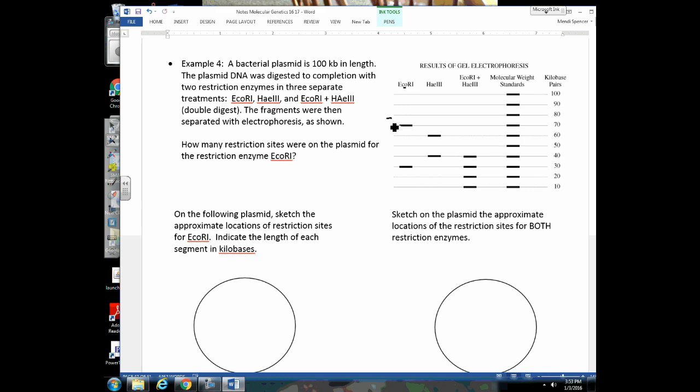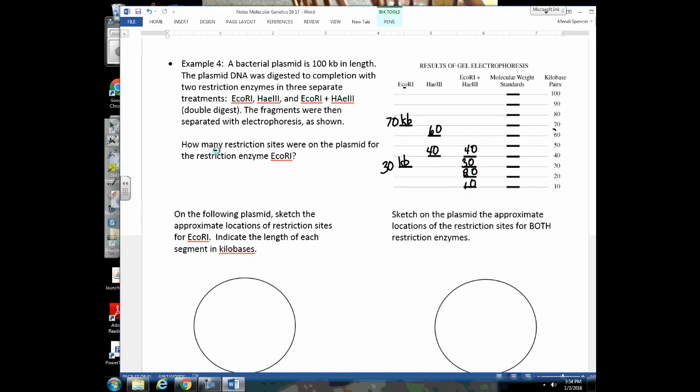This segment is 70 kilobases long, and this one is 30. So you're just using the gel electrophoresis to help you figure out how long these different segments are. This one would be 60, this one's 40 in length, and then when you treat the DNA with both restriction enzymes, you get a 40, a 30, a 20, and a 10.